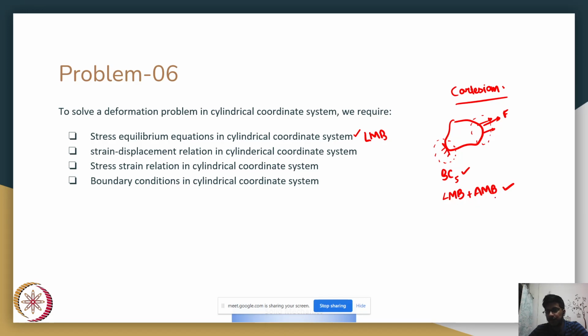These equations help you relate the derivatives of stress components with respect to your volumetric body forces and accelerations. Thirdly, you need a strain displacement relation. A strain displacement relation is required to calculate strain in terms of the displacement gradient, and finally you need a stress strain relation.